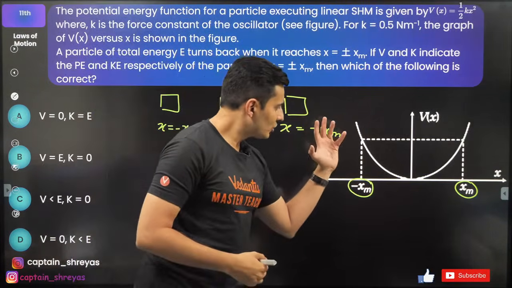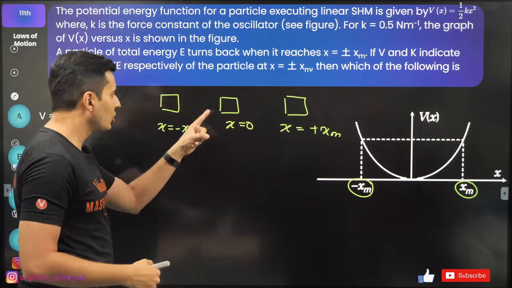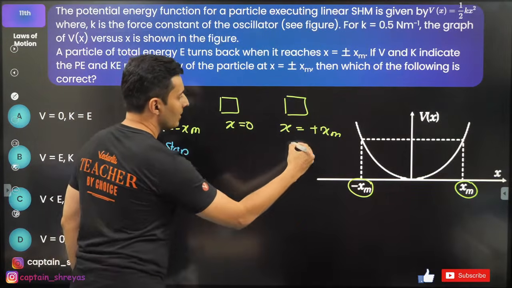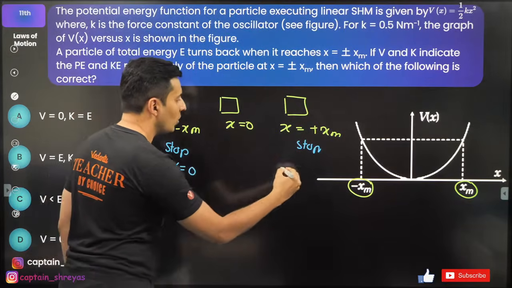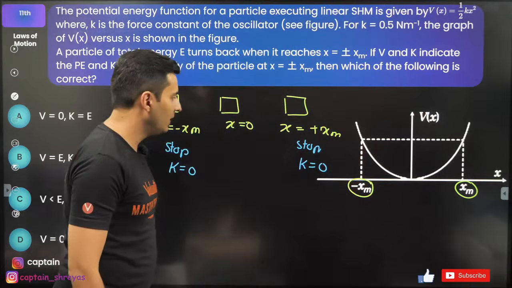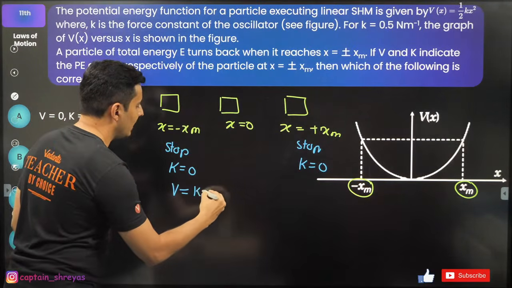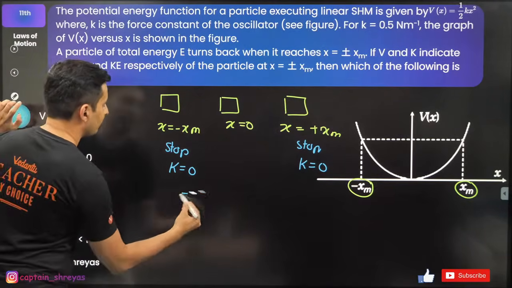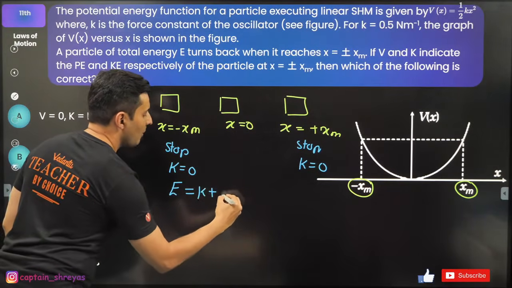It goes there, stops, comes back, stops, goes there, stops. So you see the word stop. It stops over here and it stops over here. That means the kinetic energy must be 0. But obviously there is potential energy over there. The total energy is the sum of kinetic plus potential.